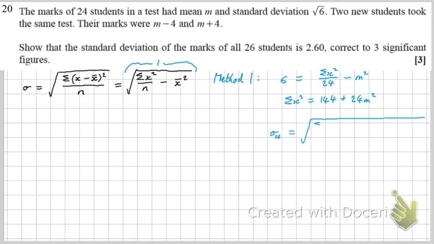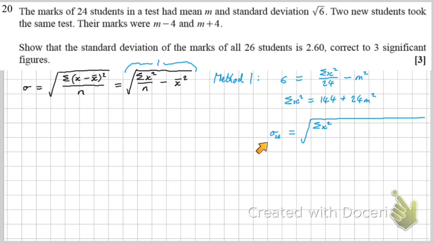So we're trying to find, I've called it sigma 26, just to remind myself it's not the same sigma as before. So sigma for the 26 pieces of data, using the same formula, we've got sigma x squared, but remember, sigma x squared, and this one here, means the sum of the squares of the original 24 pieces of data.